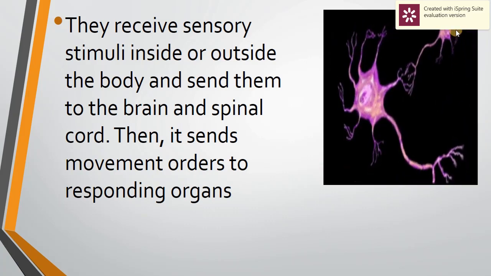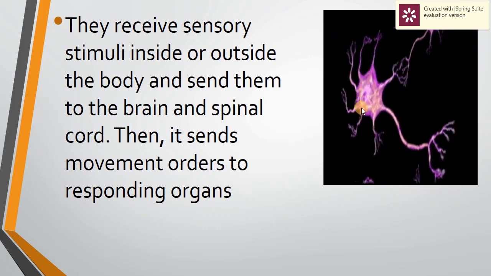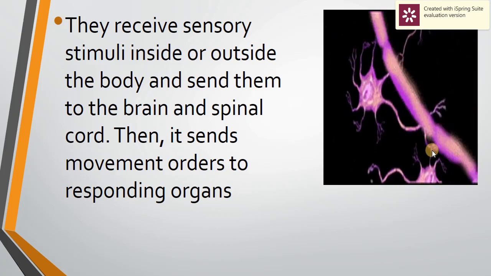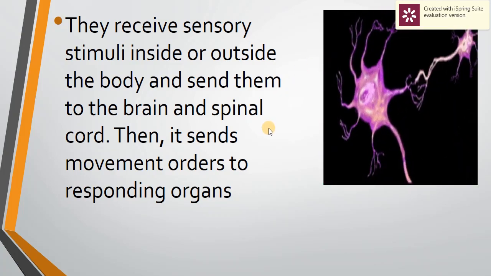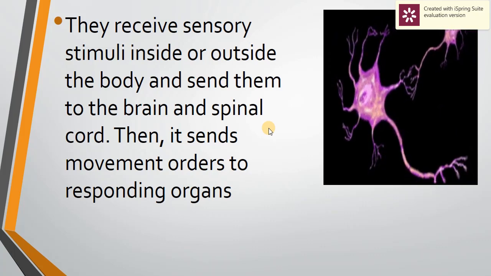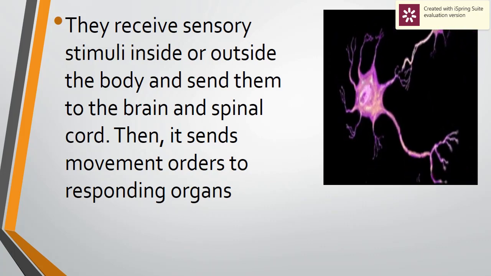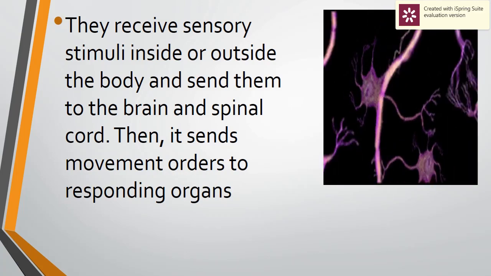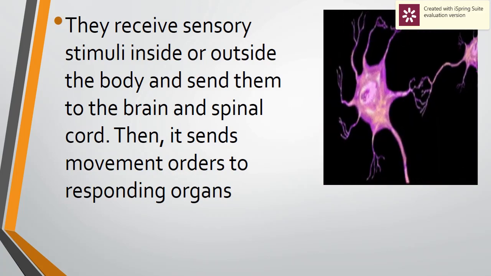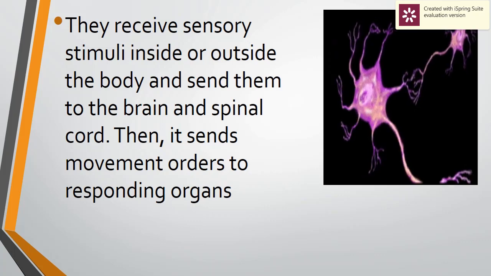They are connected to each other and sending messages which travel from one to another. So they receive the stimuli inside and outside the body and send them to the brain and spinal cord, and send the orders from the brain back again to the responding organ.